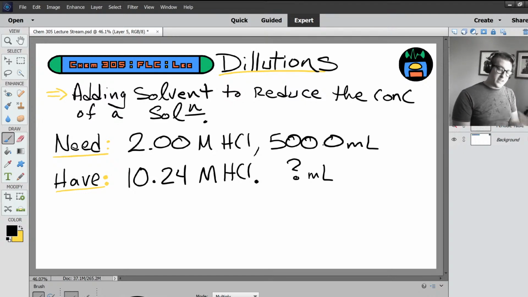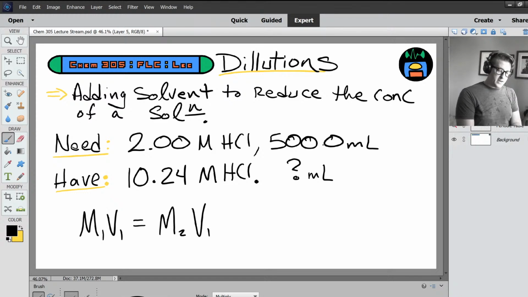And the way they figure that out is with the dilution equation, which is initial concentration multiplied by the initial volume is equal to the final concentration multiplied by the final volume. And just to be clear here, M1 and M2 could be any concentration unit.